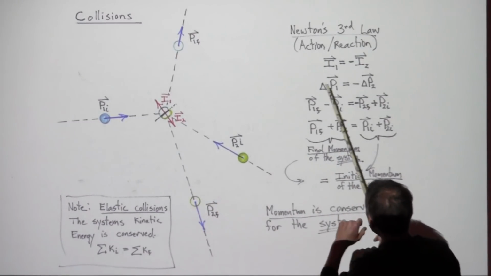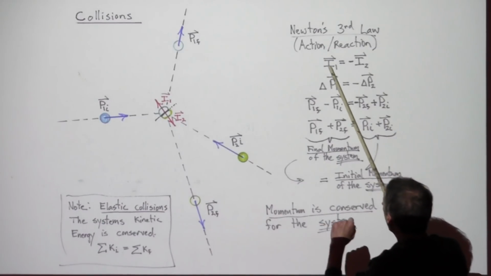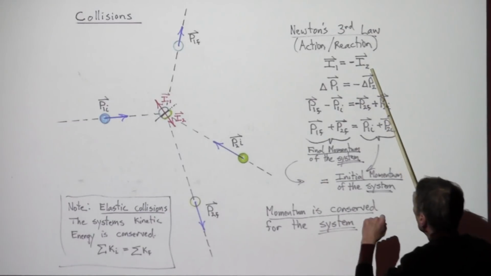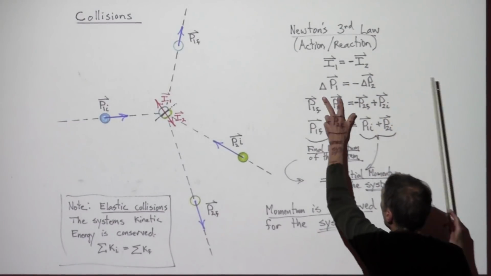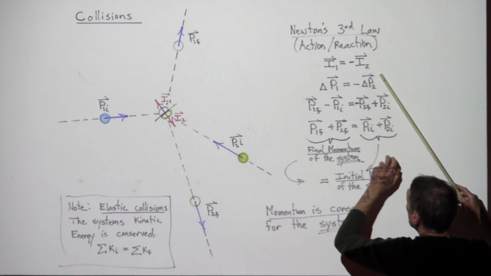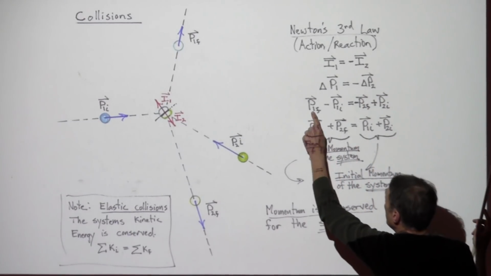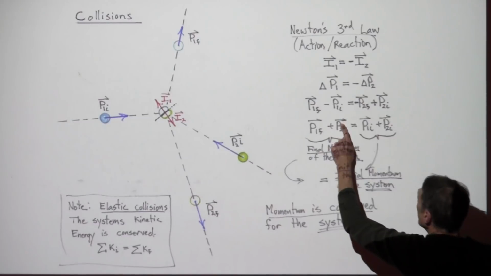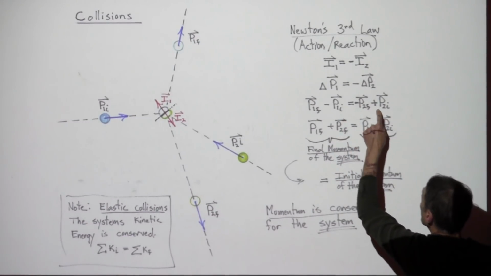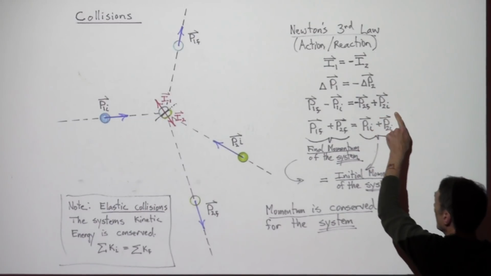Now, if we look at these impulses, one impulse is equal and opposite, so a minus impulse on the other. The impulse on one is the change in momentum of 1. The impulse on the other is the change in momentum of 2. And so that's P1 final minus P1 initial equals minus (P2 final minus P2 initial).